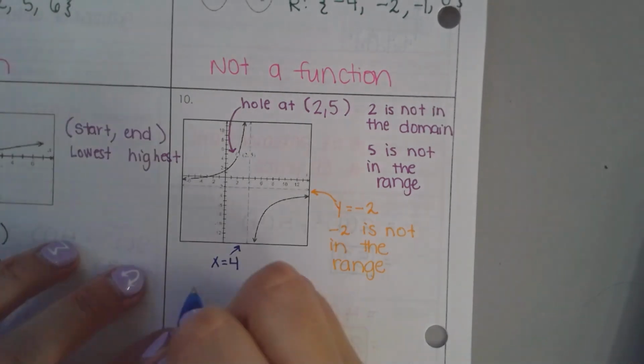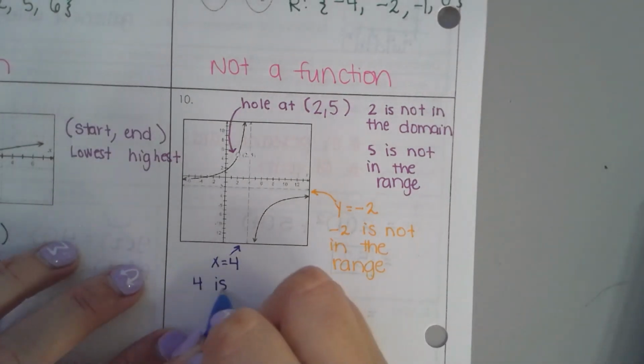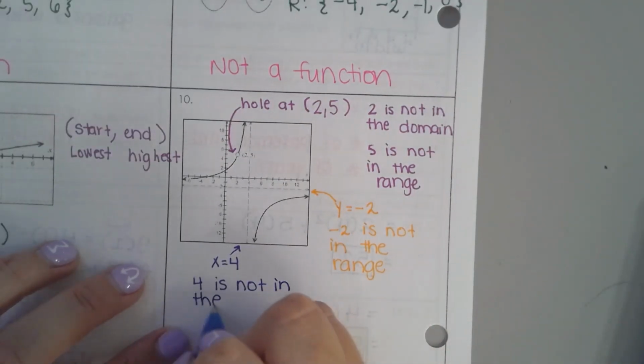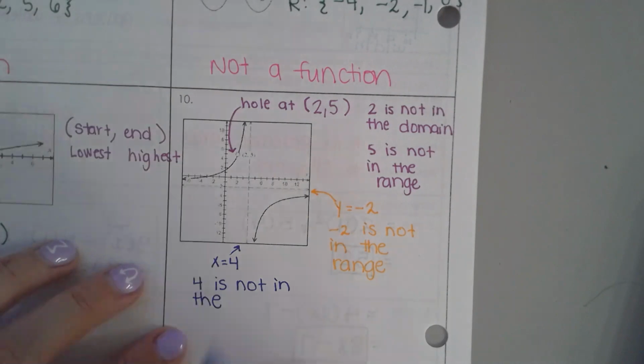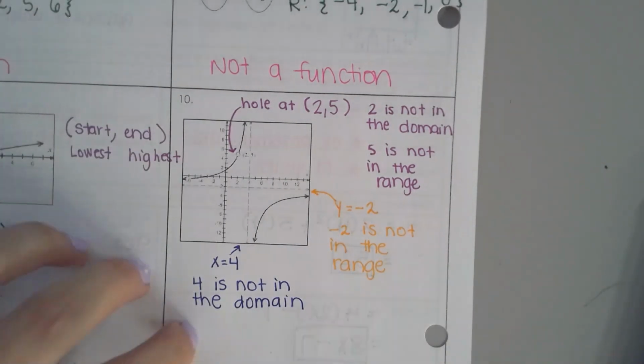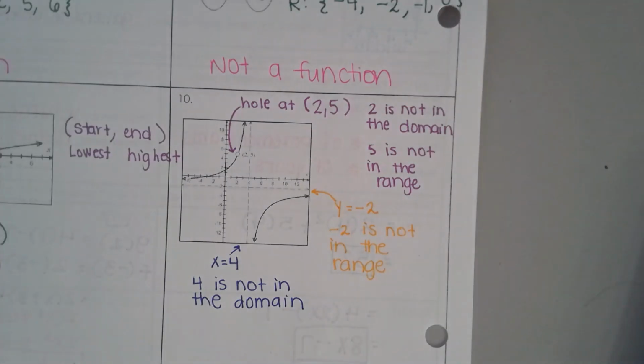And so 4 is not in the domain. Those notes that I have, that's just me thinking. That's not really part of your answer. You don't necessarily have to write that out every time, but it helps you to have it written out.